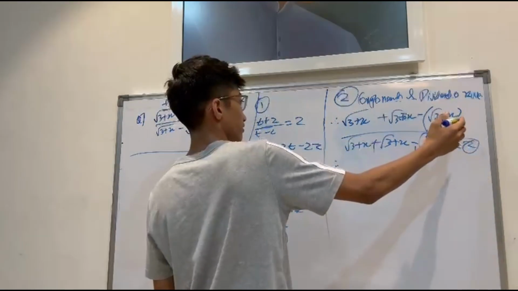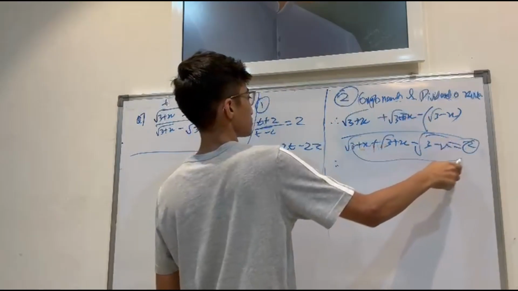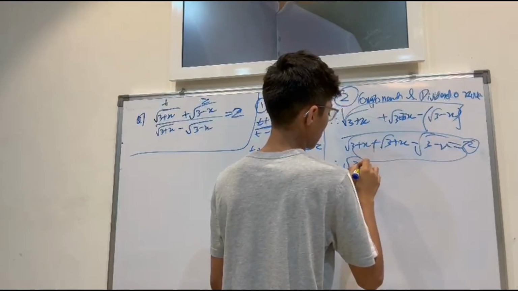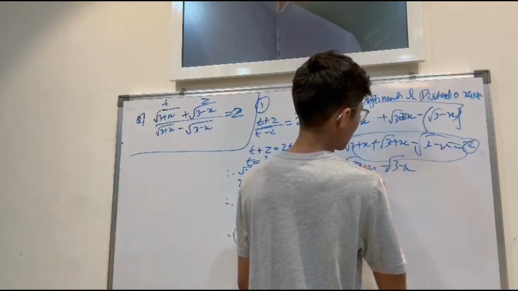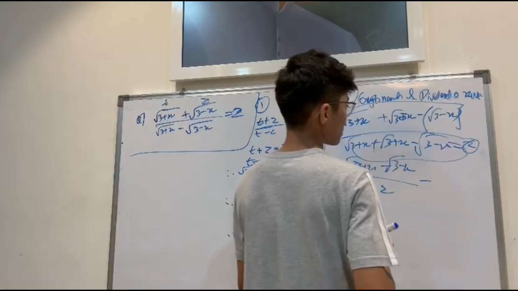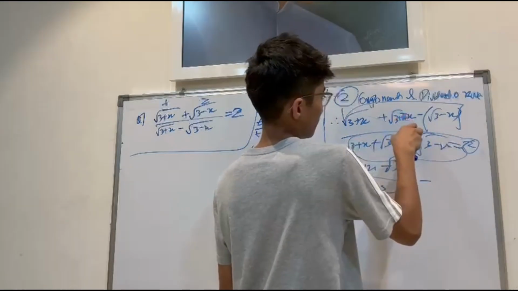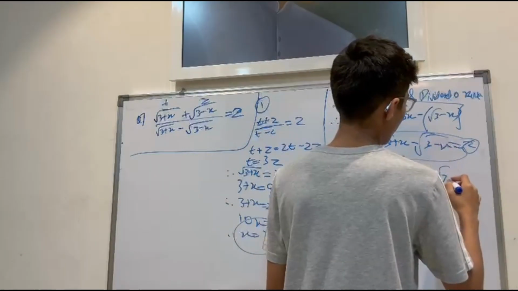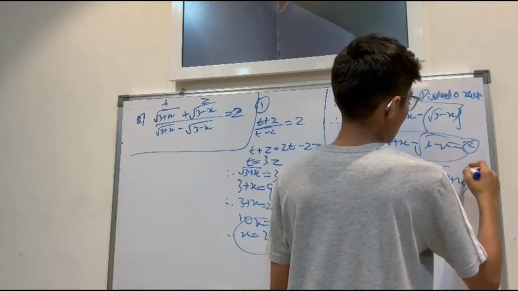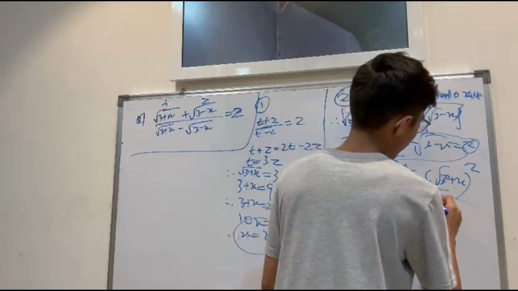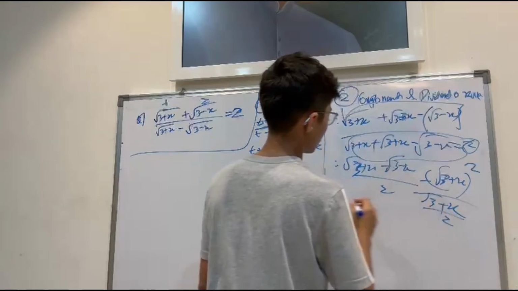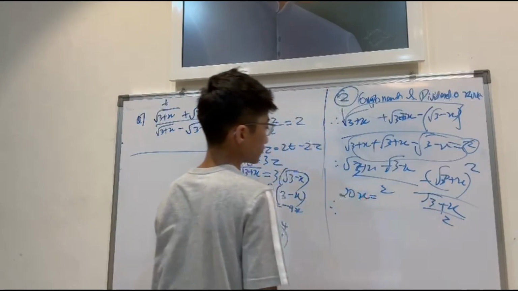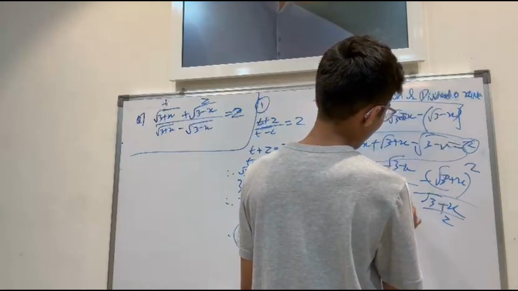So here we get, if we factor all of this out, we get root 3 plus x minus root 3 minus x over 2 minus, if we rationalize the whole thing, then we get root 3 plus x times root 3 plus x by 2. So from there we get 20x is equivalent to 48.